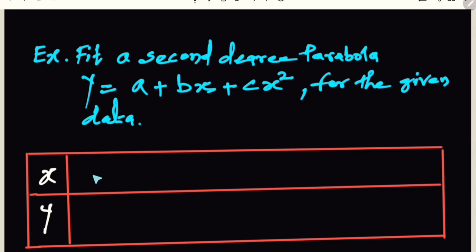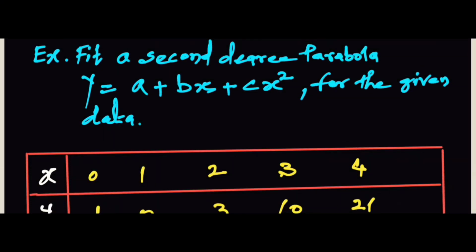Values for x are 0, 1, 2, 3, and 4, and corresponding values for y are 1, 0, 3, 10 and 21. For these values we have to fit a parabola.